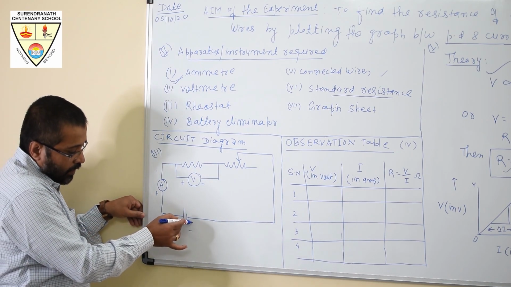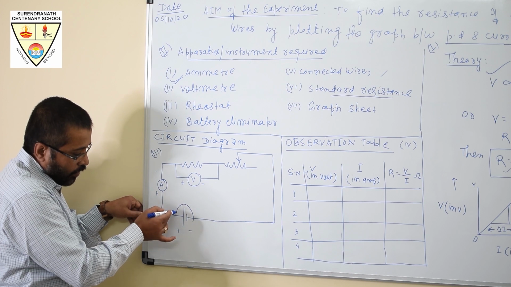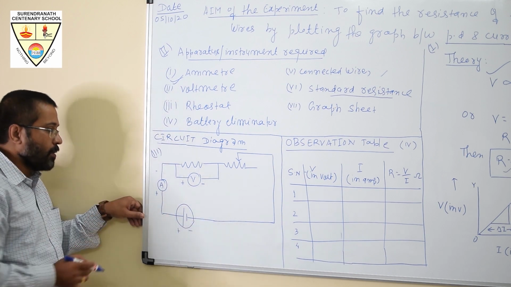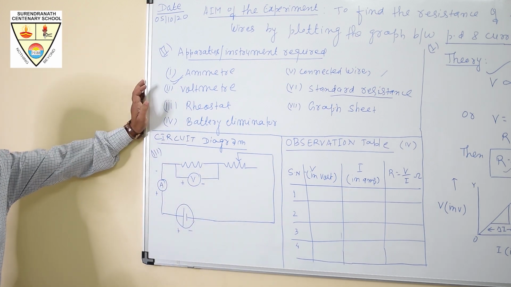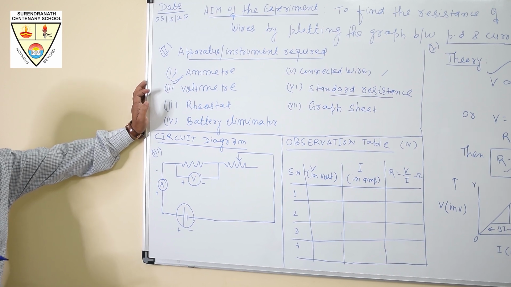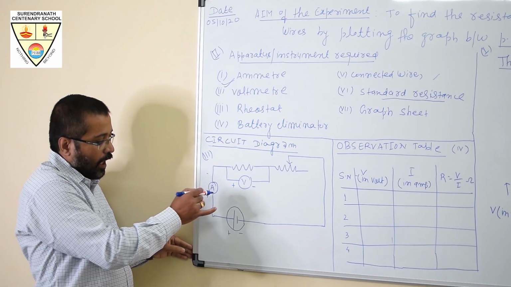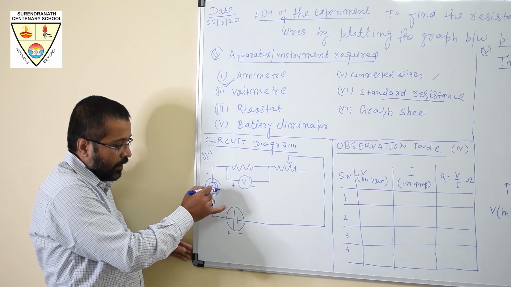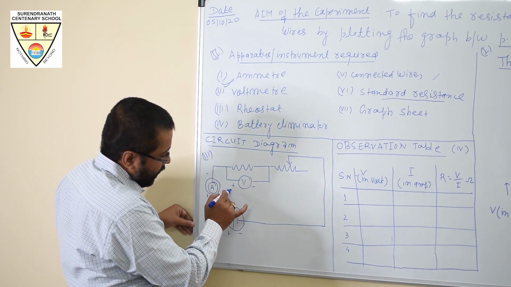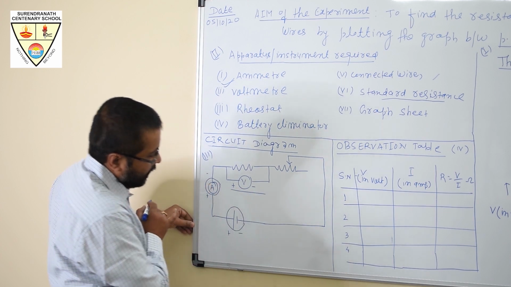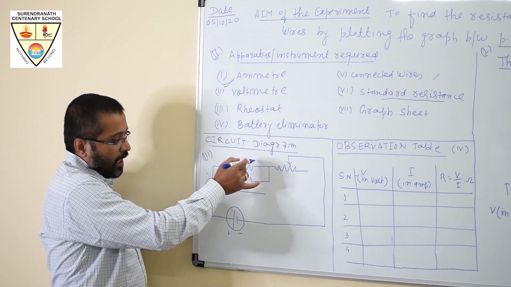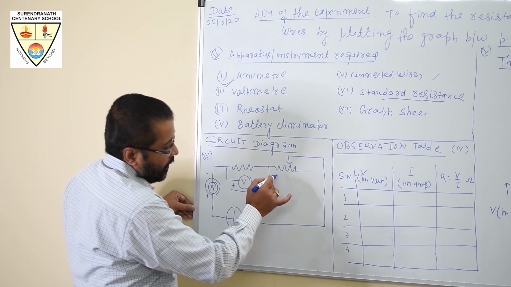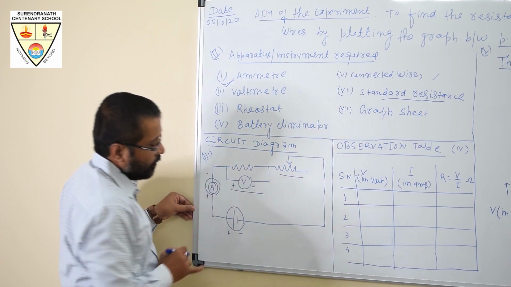Here you are seeing the symbol of cell or battery. In place of cell or battery, you connect a battery eliminator. This is the ammeter. It is connected in series to the circuit. This is the voltmeter. It is connected in parallel across the resistance. And this is the rheostat.